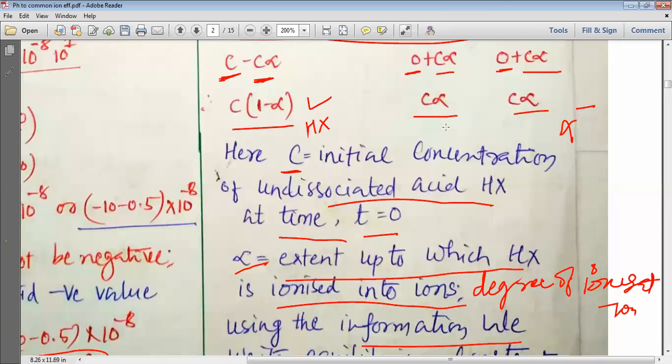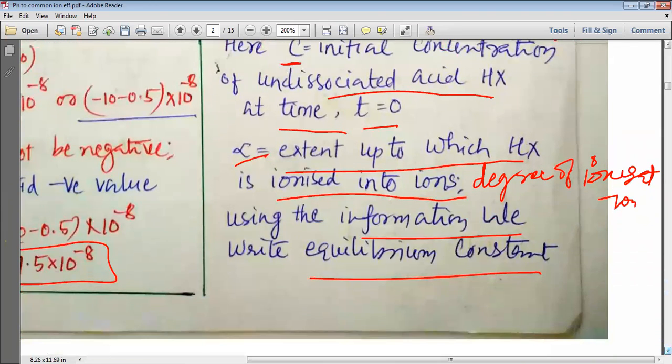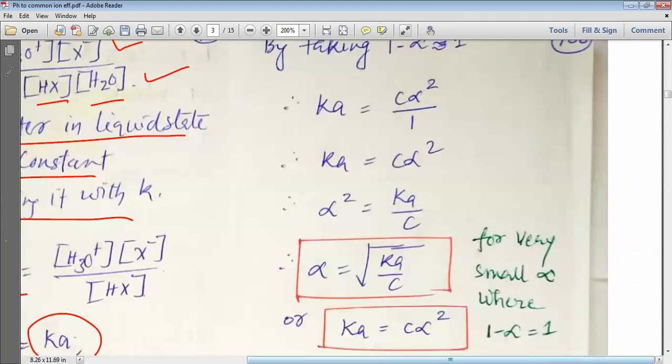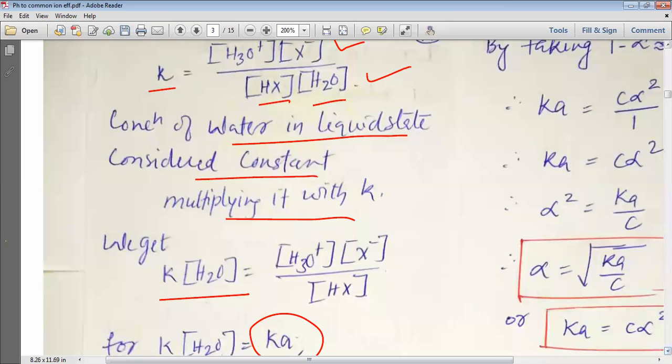This is the concentration of H3O plus and this is the concentration of A minus. So the concentration of H3O plus is C alpha, the concentration of A minus is C alpha, and the concentration of HX is C into 1 minus alpha, that we have already seen, my dear student. So we put those values over here.